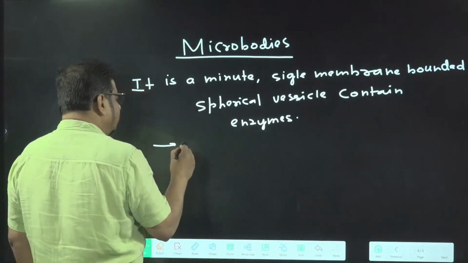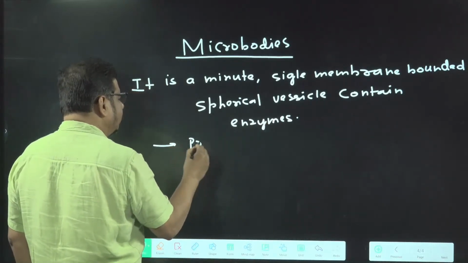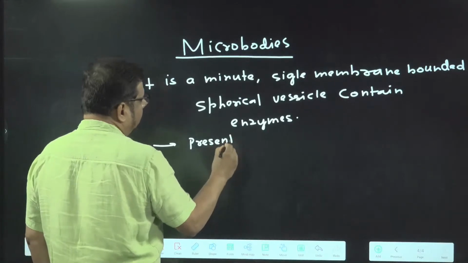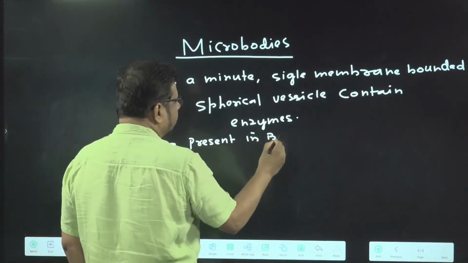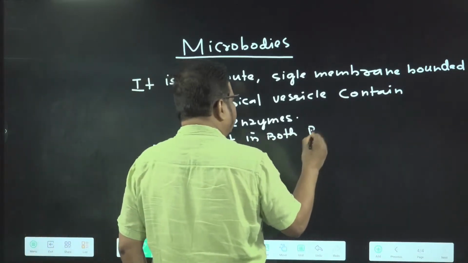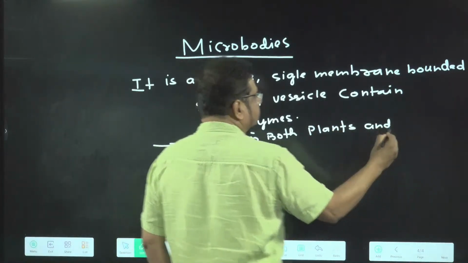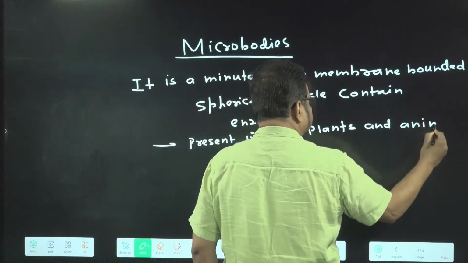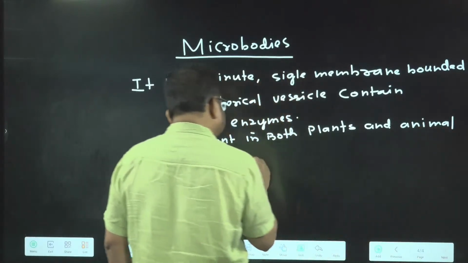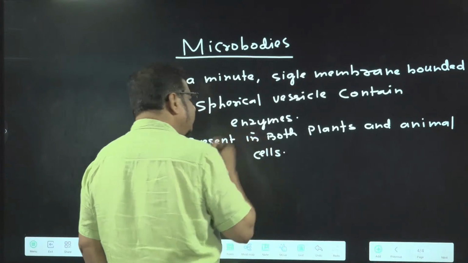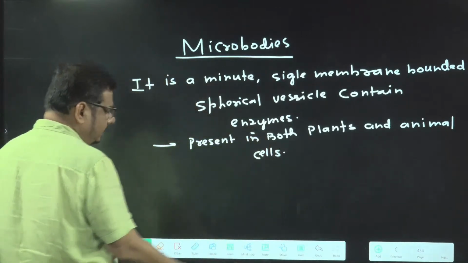Right. Microbody is present in both plant and animal cell. It is present in both plant and animal cell.